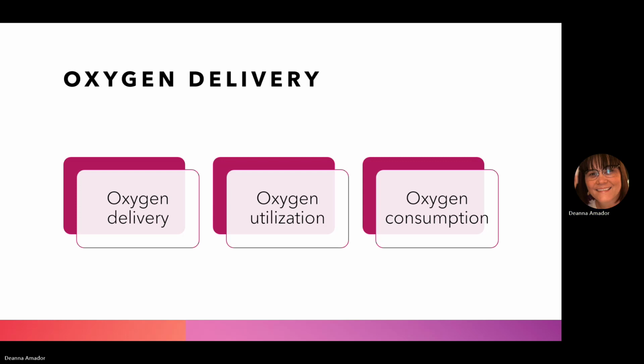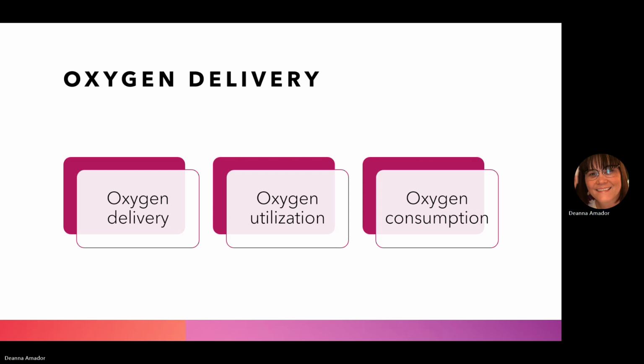So that's a relationship between oxygen delivery and oxygen extraction at the tissue level. So it should be 60 to 75%. If it's less than that, then we know that there's something going on that's causing decreased oxygen delivery or an increased oxygen consumption, like maybe cardiogenic shock or something like that.